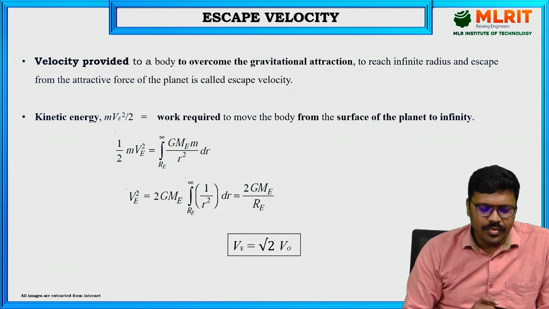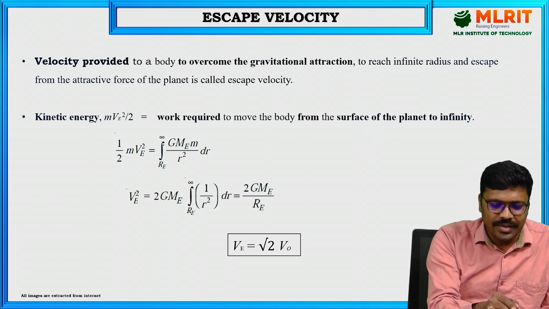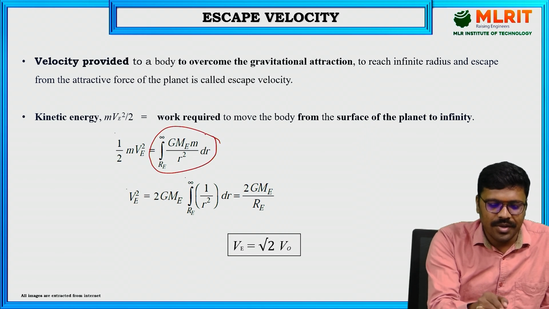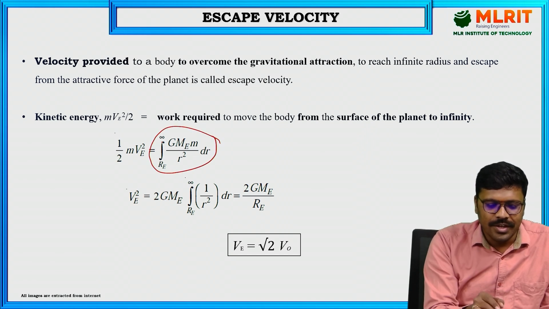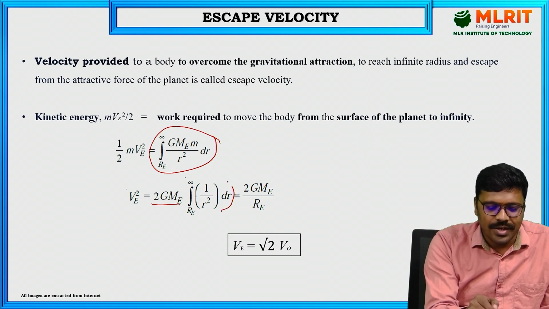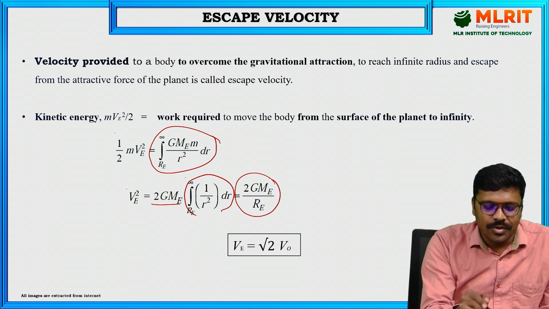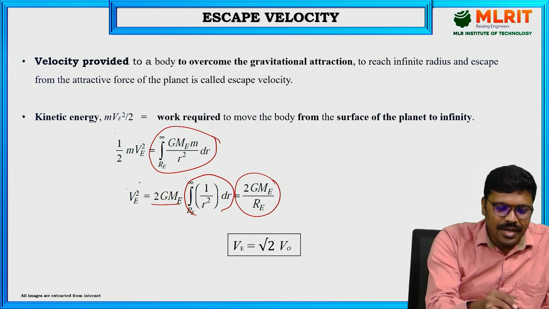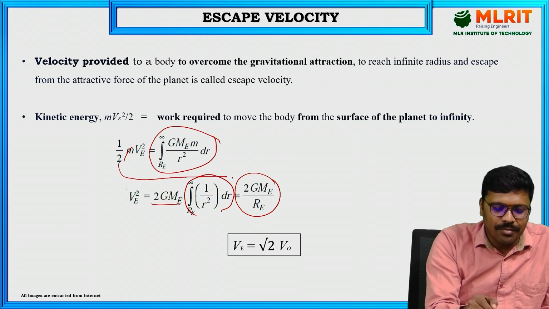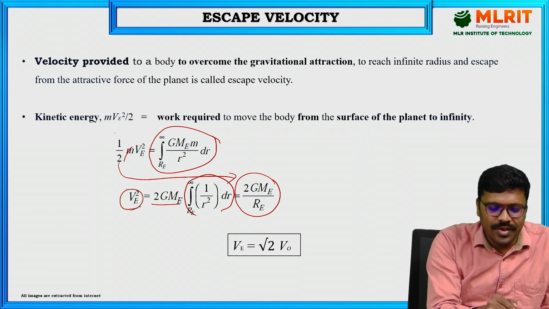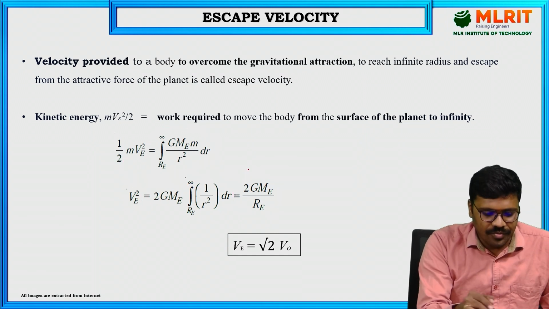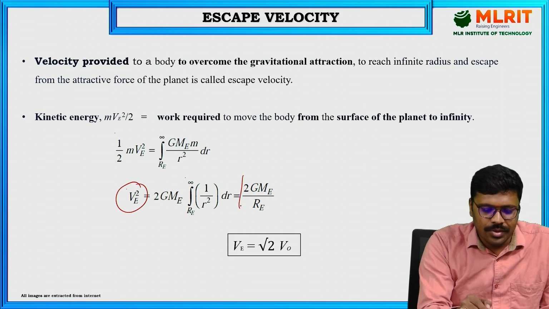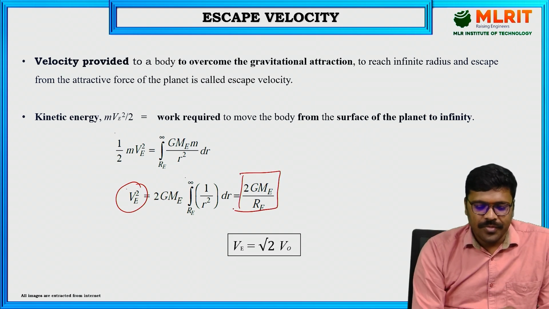If I integrate from Re to infinity, it will become 2 capital G Me into the integration from Re to infinity of 1 by r square dr, and this will be 2 G Me by Re. So, half m cancels, and the 2 comes to the right side: Ve square is equal to 2 G Me by Re.